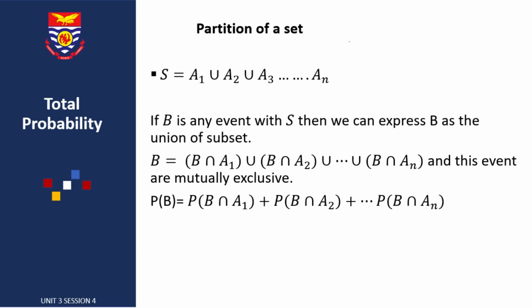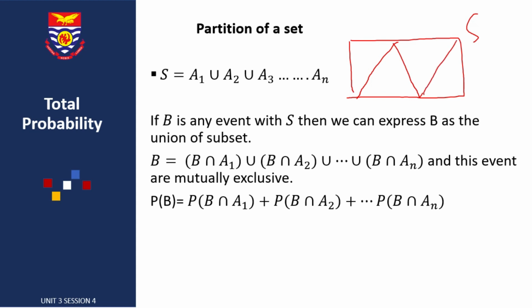Assuming that we have a sample space S, I can partition it like this, like this, and also like this. Here is partition 1, partition 2, partition 3, and partition 4. Each of these partitions of the sample space is not empty and they are not overlapping, I mean, they do not intersect.